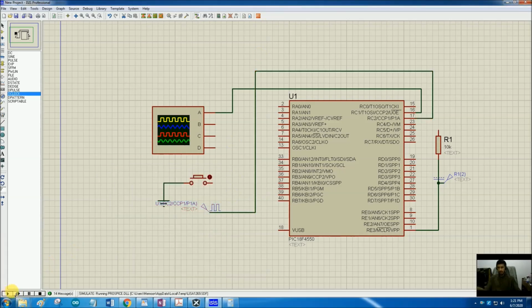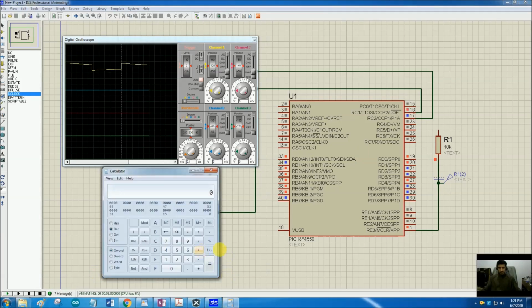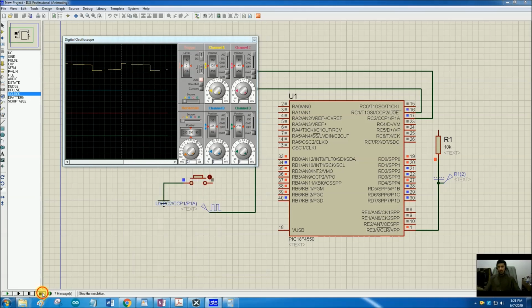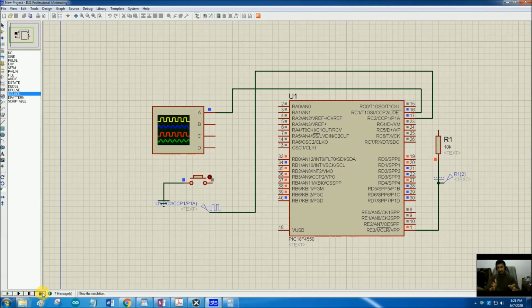Let's try to simulate it. Let's see what this value is. In binary, now we are getting the value 1001111111101, and in decimal we can see that this is 4989 as expected. Perfect.